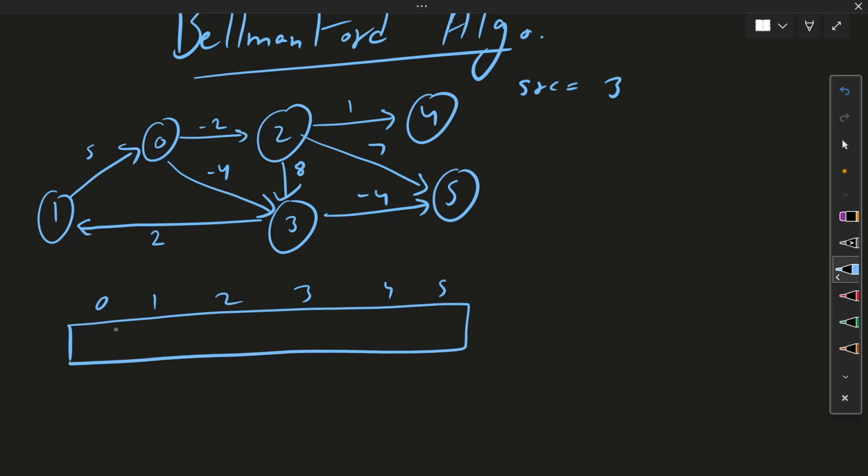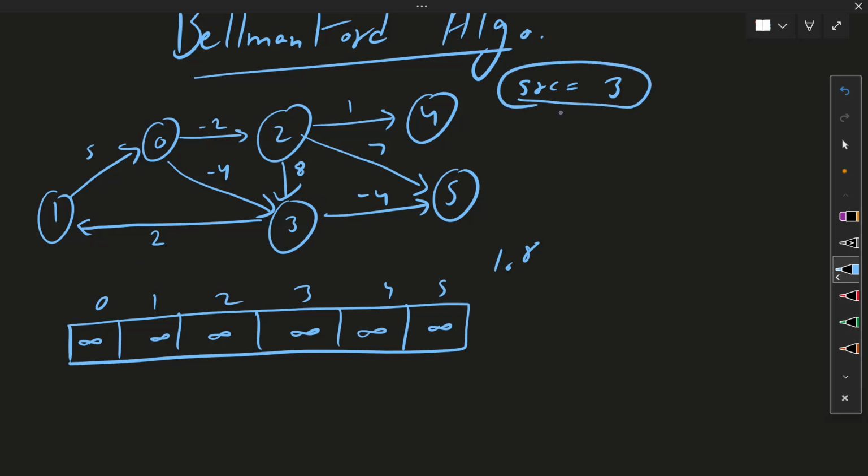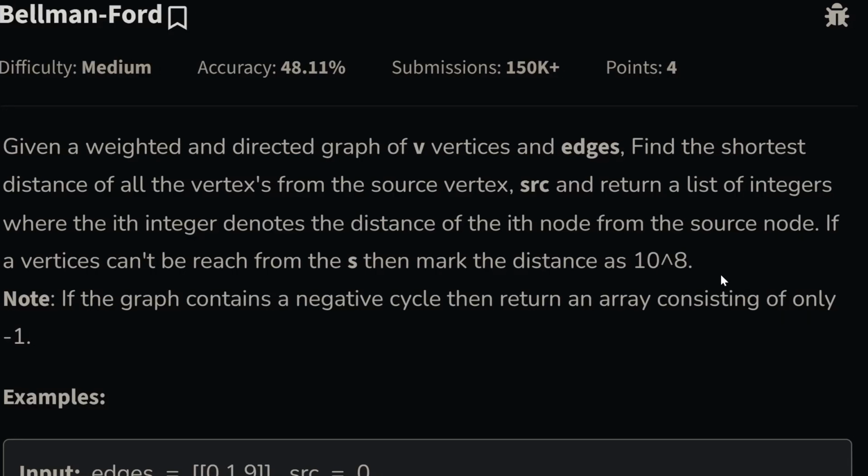In the problem it is given that initially all values are 10 raised to power 8. For simplicity, I am filling infinity. Then to start from 3, to reach 3 itself, we first fill 0. If you look at the function, what are we getting?